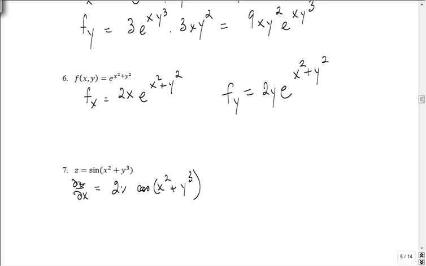So that's 2x in front. Can somebody tell me what now is the partial of z with respect to y? What goes in front now? 3y squared. Cosine of x squared plus y cubed. Beautiful.